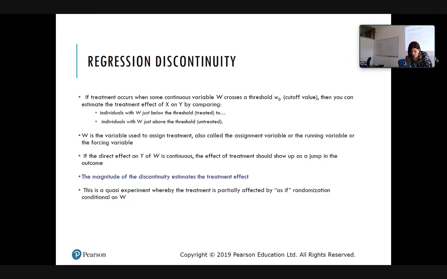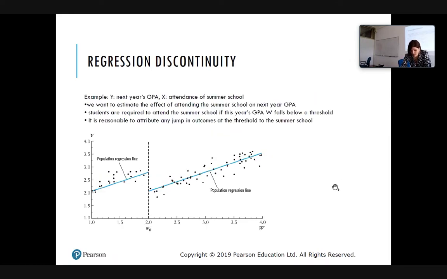So let's assume, for example, in this case, that we have a y variable, which is next year's GPA, so the performance of students next year. The x, which is the treatment, is the attendance of summer school. We want to estimate the effect on next year's GPA, and students are required to attend this summer school if this year's GPA is above a certain threshold value.